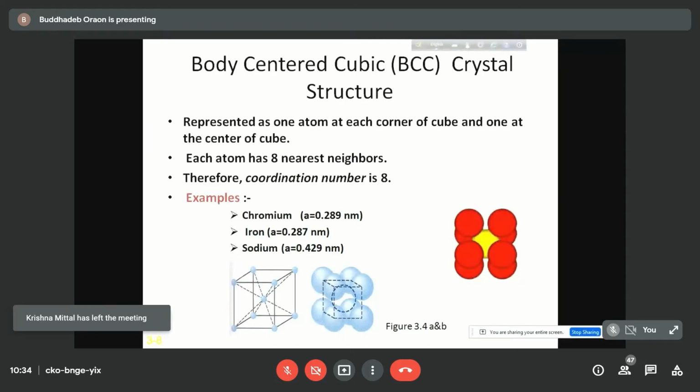BCC structure, body centered. There are two important parameters, that is the atomic packing factor and the density, given the lattice geometry. You can do that.